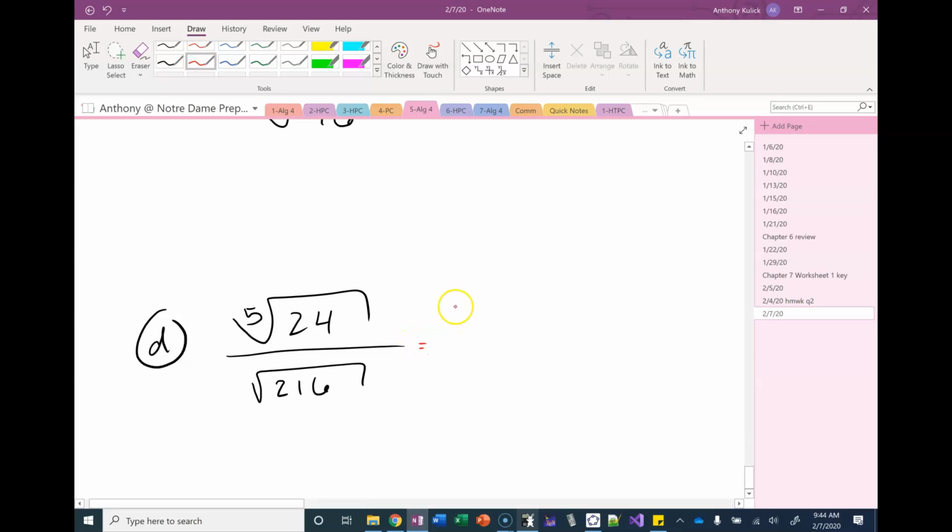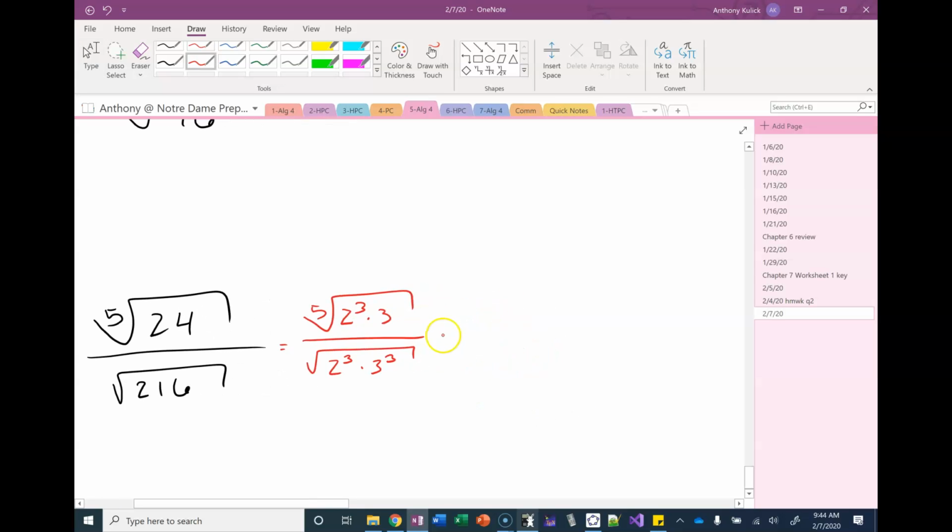All right, so prime factorizations. We'll rewrite these in exponential form.